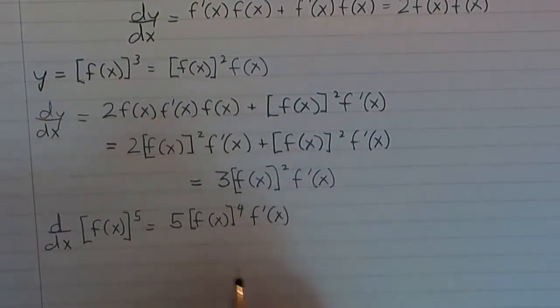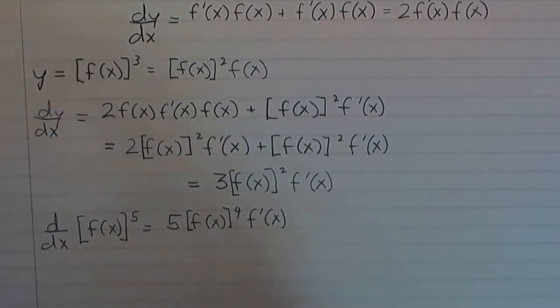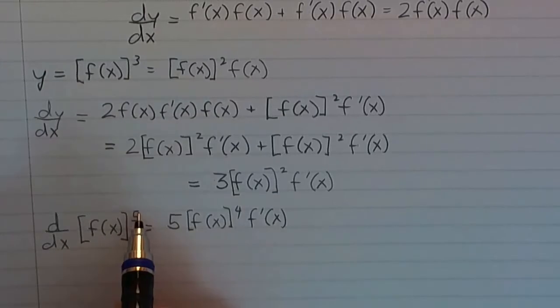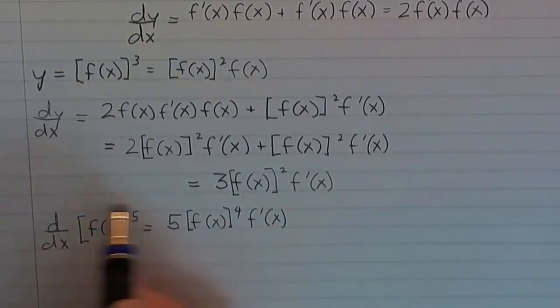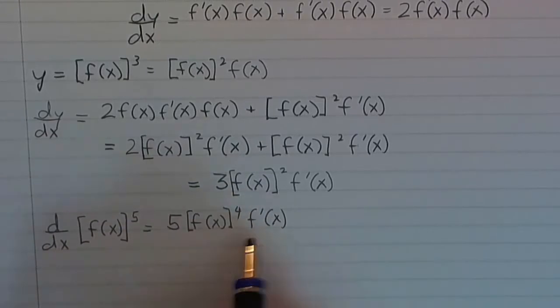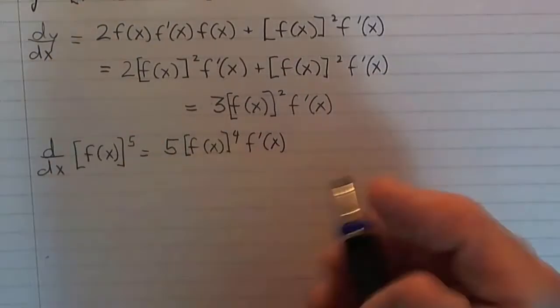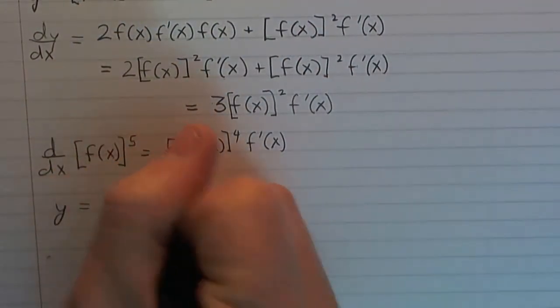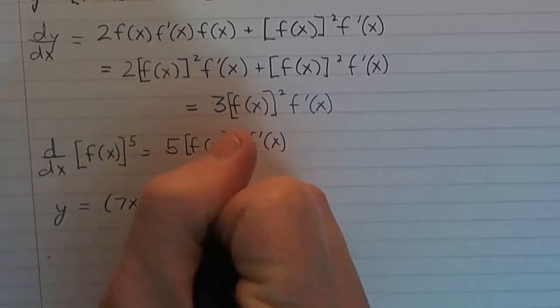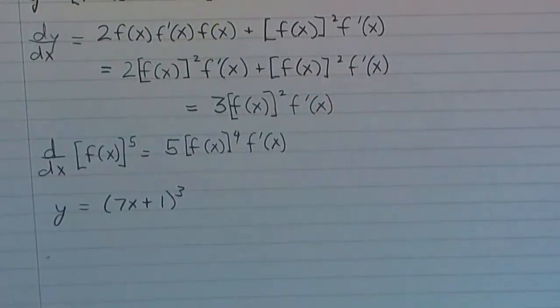And you kind of see a pattern forming here, where I'm taking the derivative of the outside, this thing raised to the fifth, and then I'm multiplying by the derivative of the inside. See? So let's look at this. Let's suppose that I've got y equals 7x plus 1 raised to the third power.